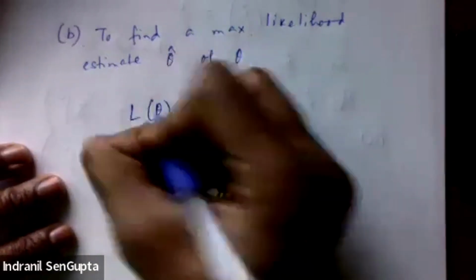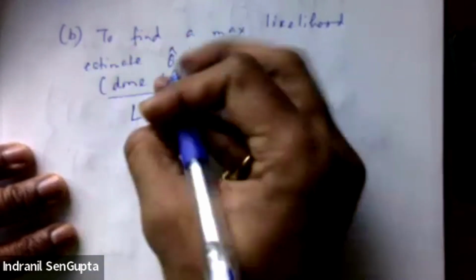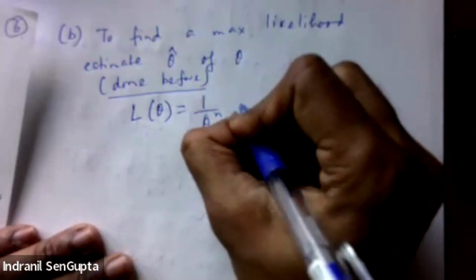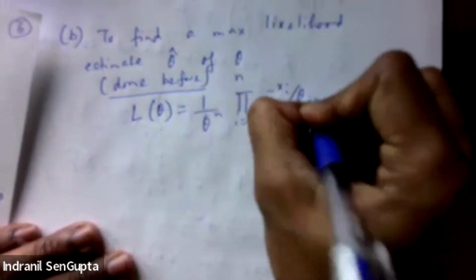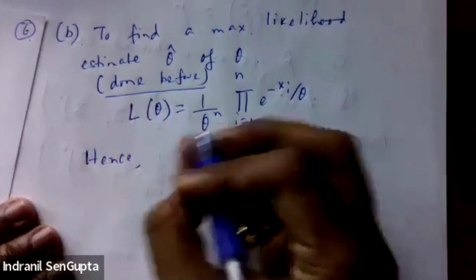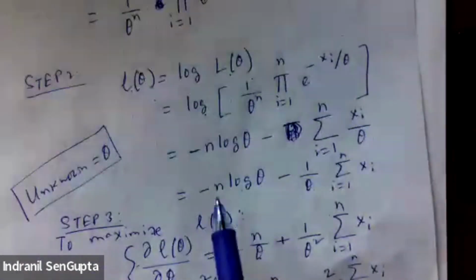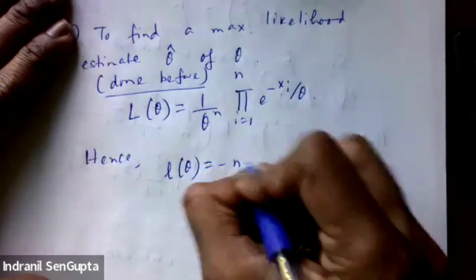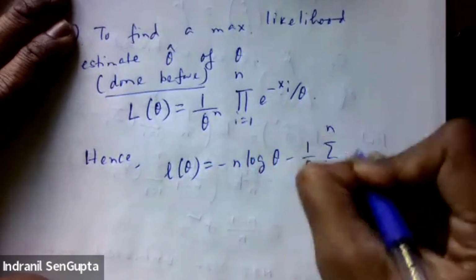So L(theta), done before, is 1 over theta to the n, e to the minus the sum over i from 1 to n of x_i over theta. Hence, step 2, the log likelihood function is this one. I'll simply write the last step. It's going to be minus n log of theta minus 1 over theta times the sum from i equals 1 to n of x_i.